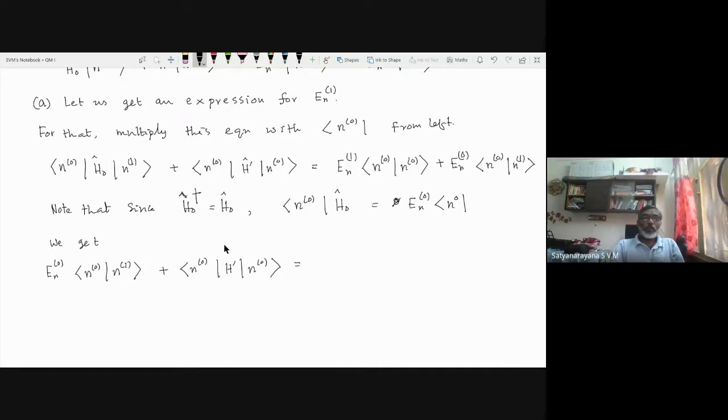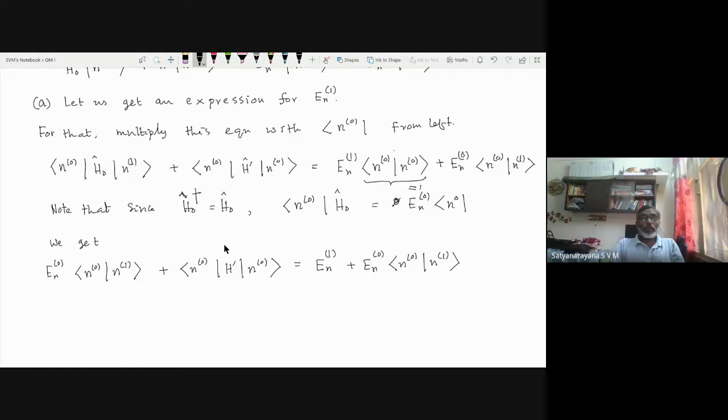Because we have unperturbed states which are orthonormal, this will be equal to 1. So on the right hand side I will have En1 plus En0 n0 n1.